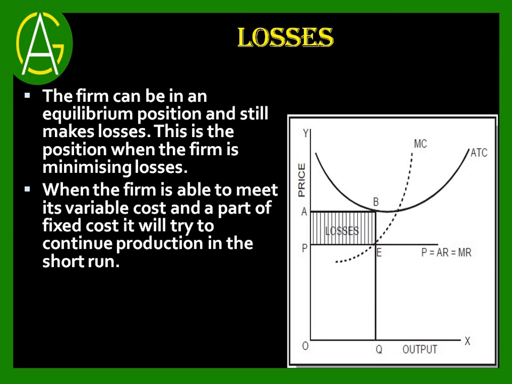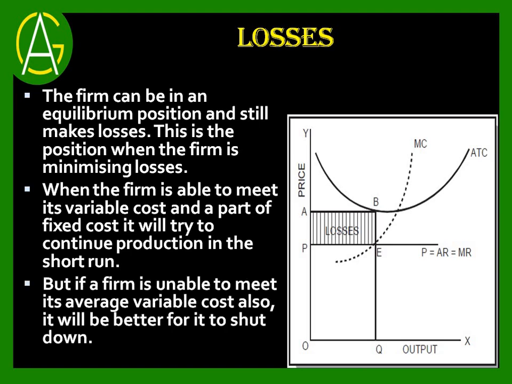Friends, this is what we had understood in unit number 1, behavioral principle. Remember, behavioral principle number 1 was about shutdown point. We had said that the firm should continue the production until the firm is able to cover its variable cost and a part of fixed cost. So here, if the firm is able to cover its variable cost, it should continue the production.